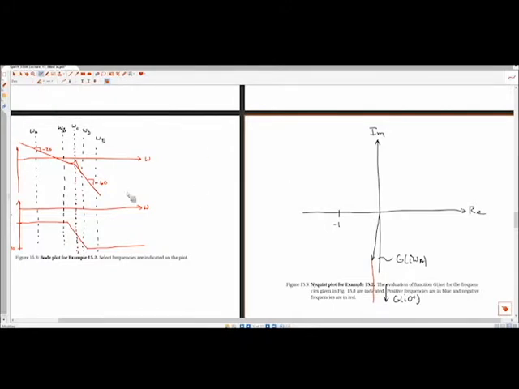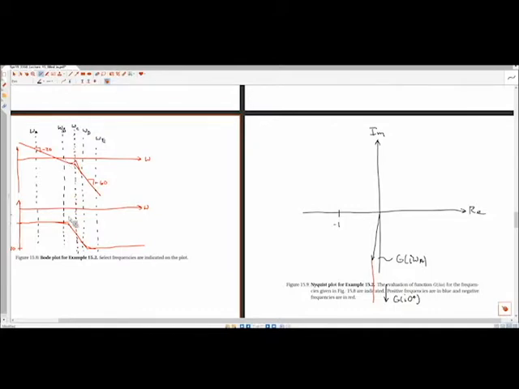Okay, so if I look at then omega b, this is just an asymptotic approximation. So if I were to look at the real phase plot, this would actually be rounded off a little bit. So if I look at omega b, I have magnitude less than 1.